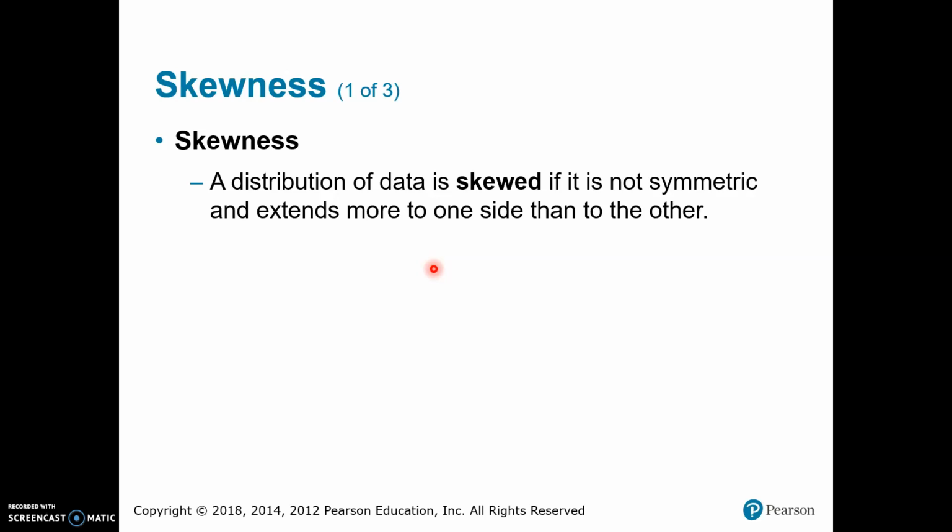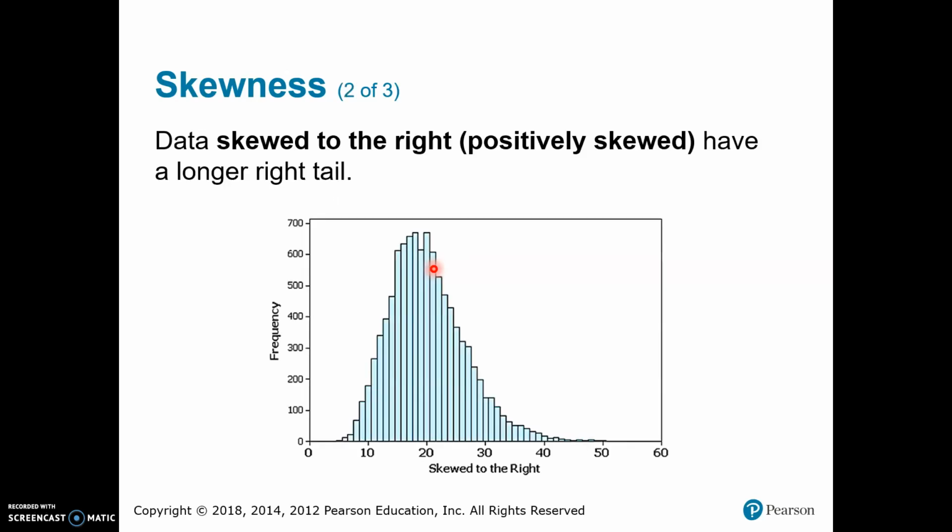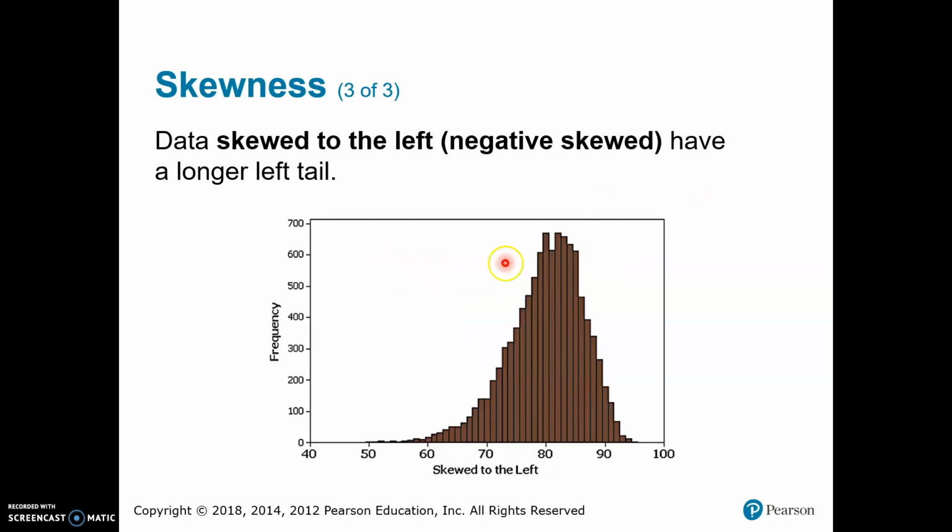In this case, I have skewed to the right because most of the tallest bars are on the left side of the graph. Here, most of the tallest bars are on the right, but it is skewed to the left.